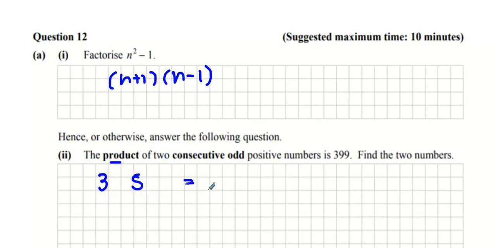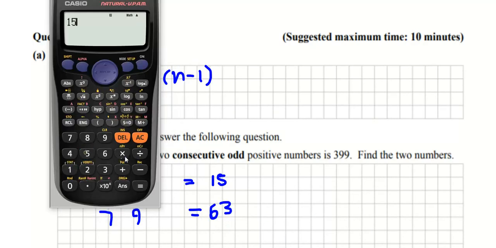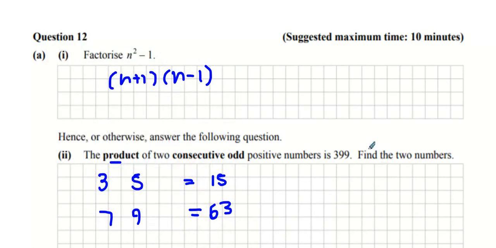So the product of 3 and 5 would be 15. You could also say the product of 7 by 9 is 63. You could almost be guessing it, to be honest. 15 by 17, too short. 19 by 21, perfect. You could have done it by trial and error. So 19 by 21 is the answer, okay?